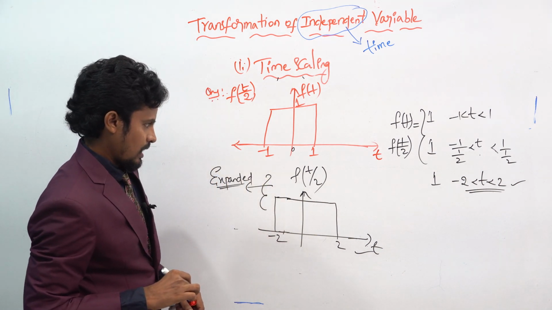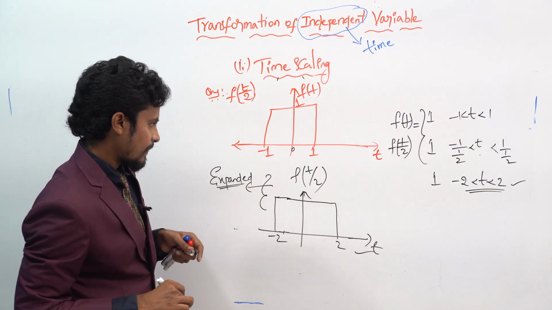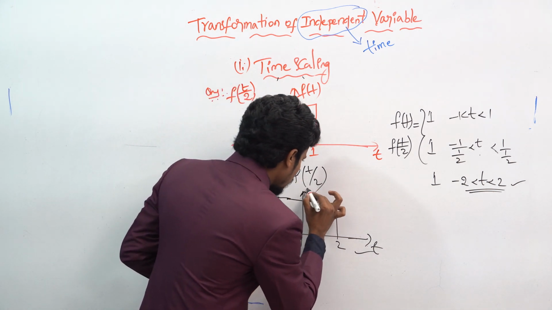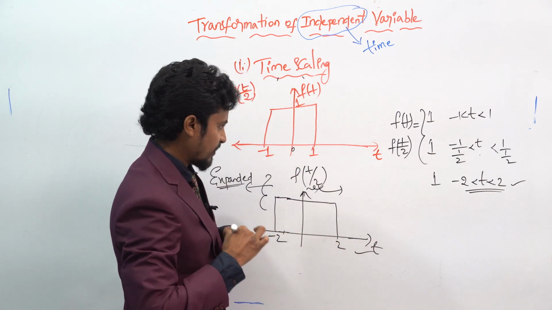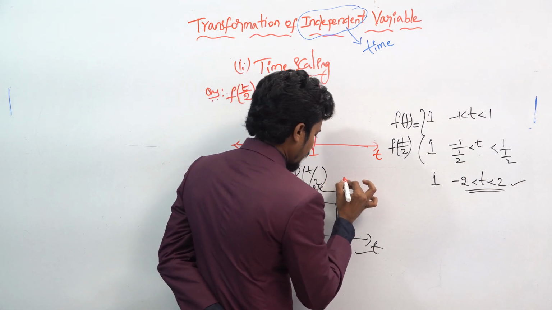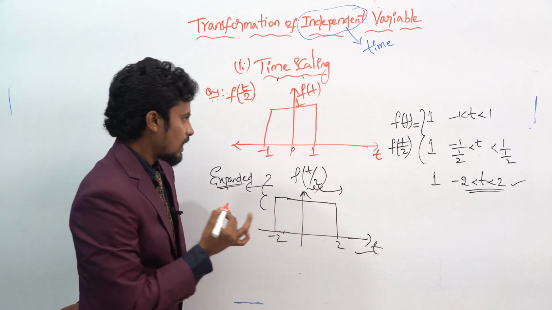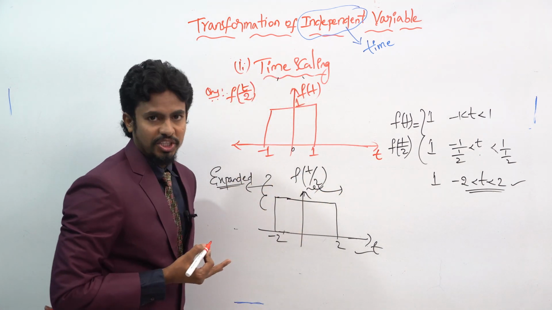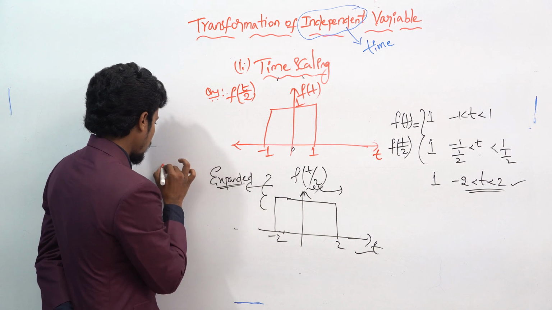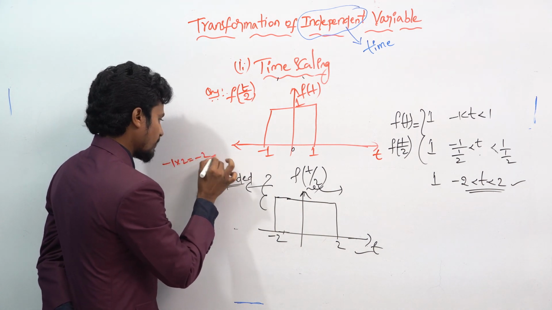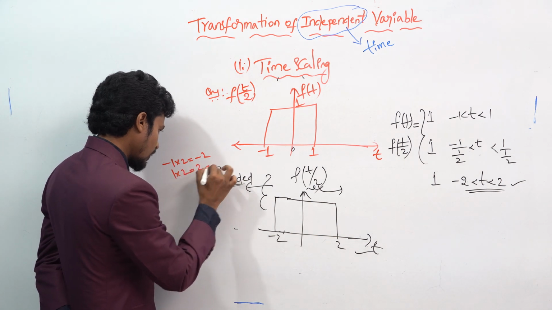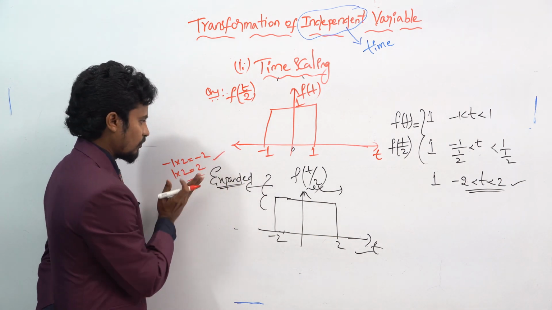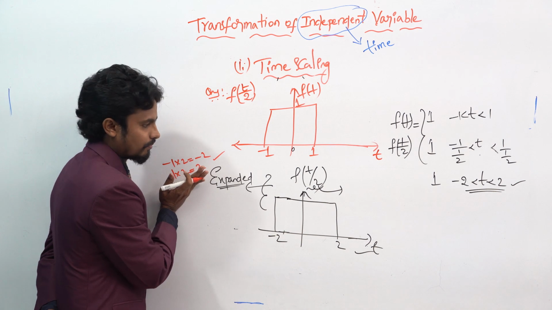And here, if you see this, there will be a division present. If you see the division, what do you have to do? You have to do the multiplication, right? What here? This will be minus 1 into 2, that will be minus 2. And here 1 into 2, that will be 2. Here we can do the multiplication.